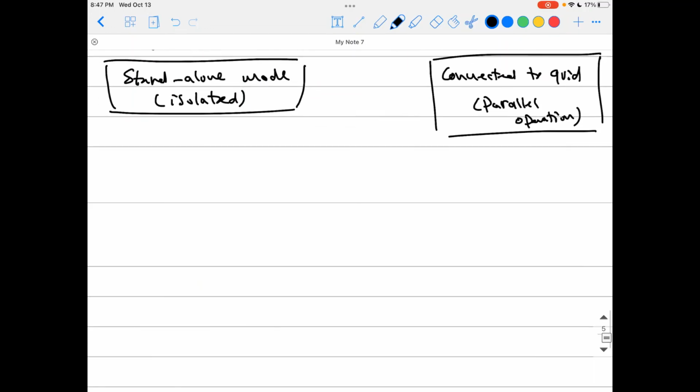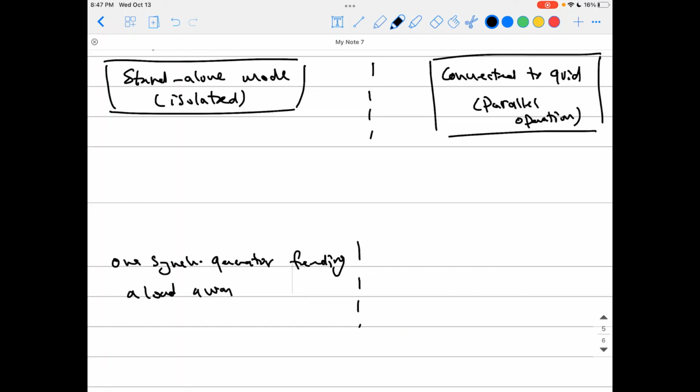Okay, guys, so for the standalone mode, we are talking about one synchronous generator feeding a load away from the grid.